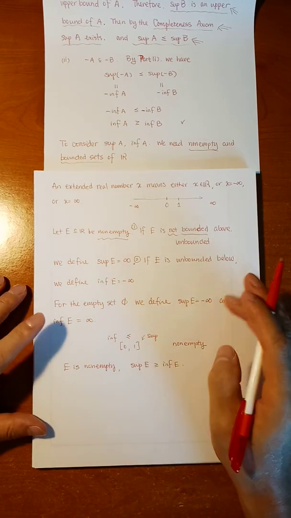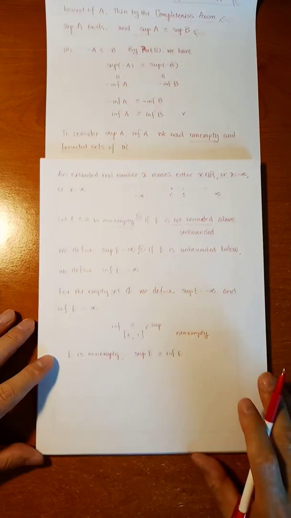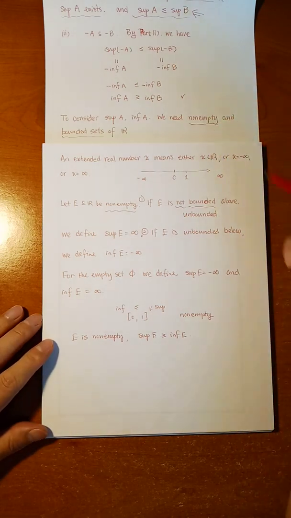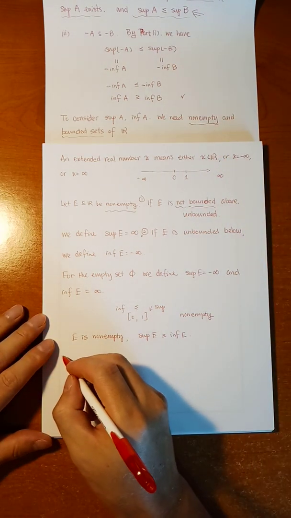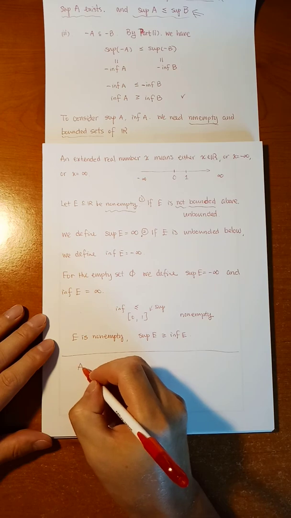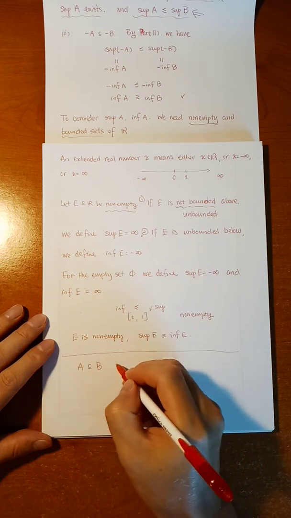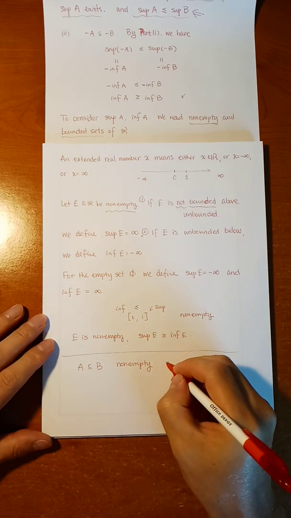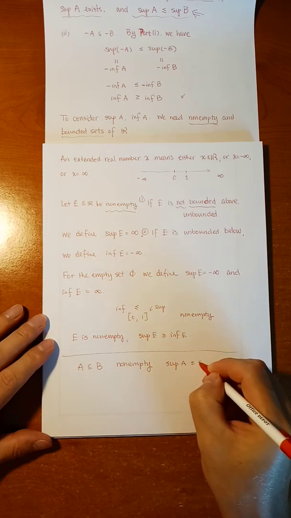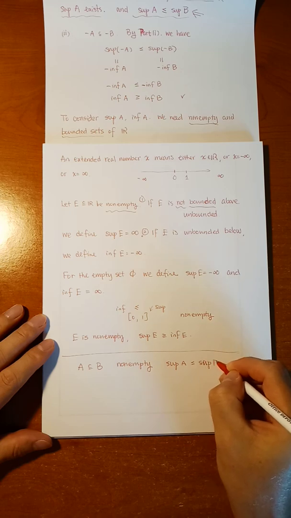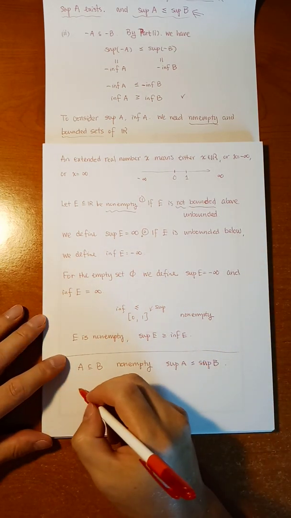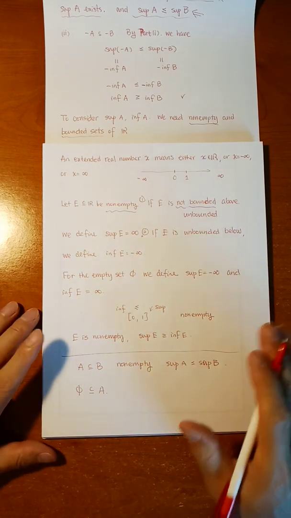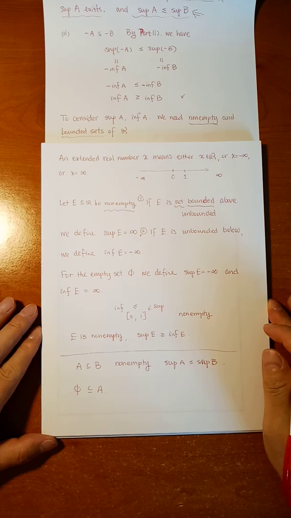Why do we make such a definition? This definition comes from the monotone property. What is the monotone property? The monotone property says for any subsets A and B, if A is non-empty and A is a subset of B, then sup A is less than or equal to sup B. And we know that the empty set is always a subset of any set.